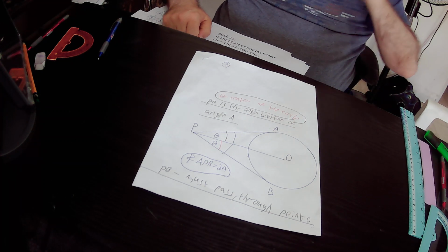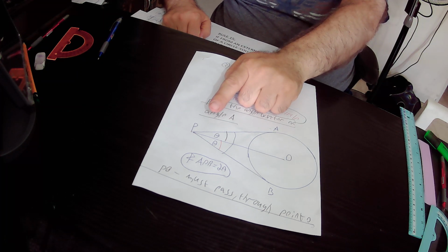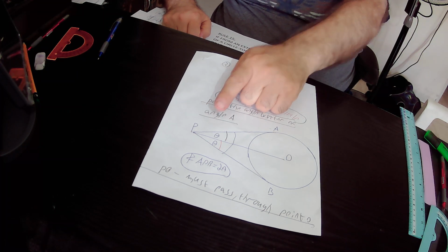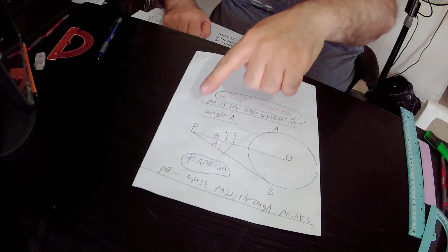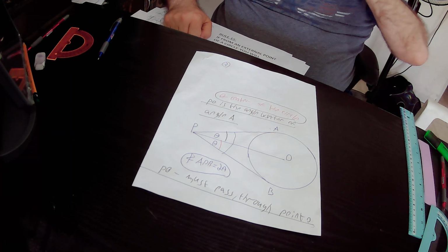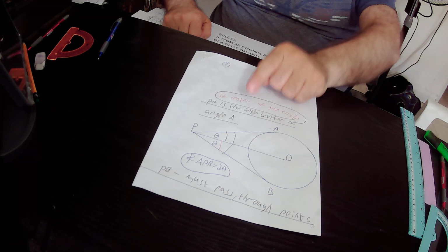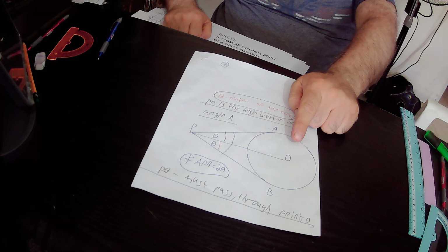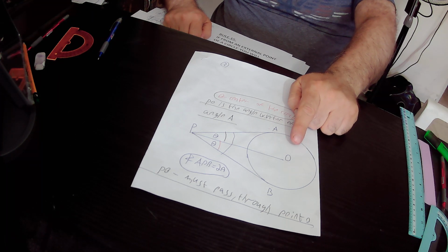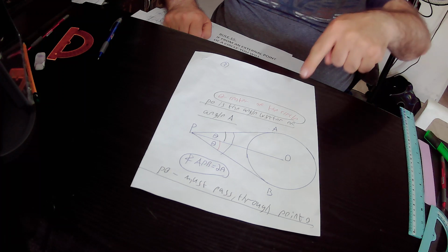So whenever you draw two tangents from a common point to the circle, you create an angle, and its angle bisector must pass through the center of the circle, in this case point O. Or, in other words, OP is the angle bisector of angle APB.